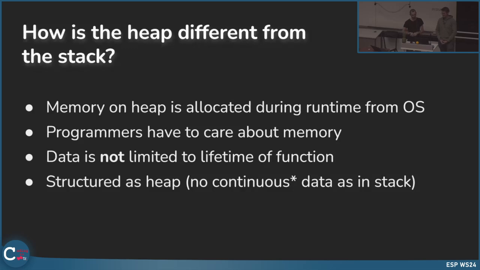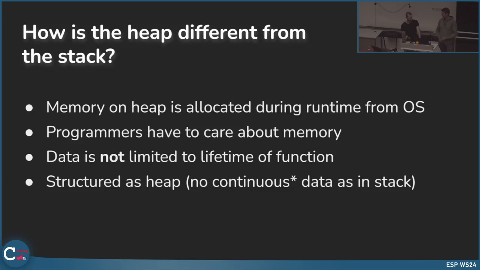But what are the differences now? Memory on the heap is allocated during runtime, instead of the stack, where it's calculated at compile time. There is one bad thing we have to take care of.